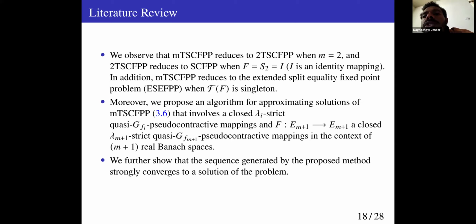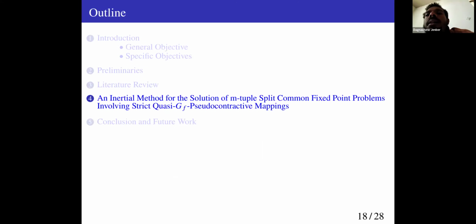We further show that the sequence generated by the proposed method is strongly convergent to a solution of the problem MTSCFPP, that is, the M-tuple split common fixed point problem.